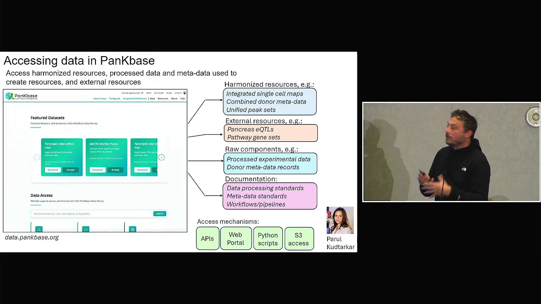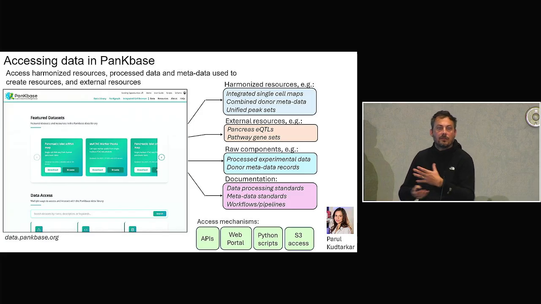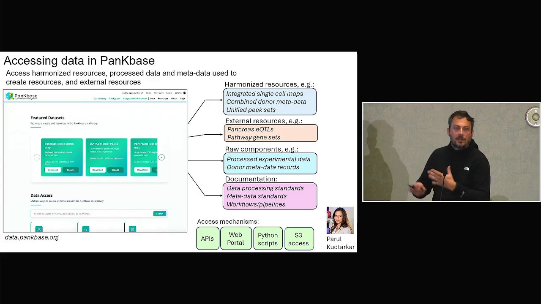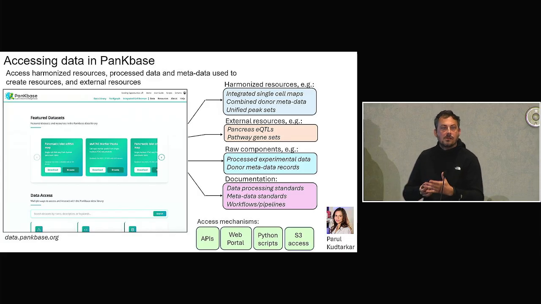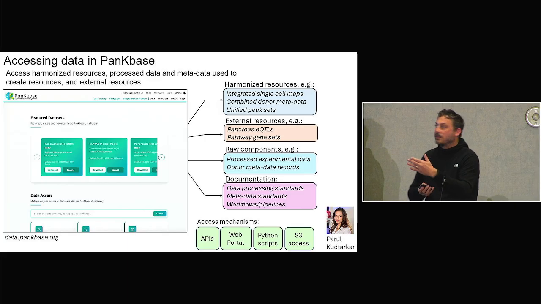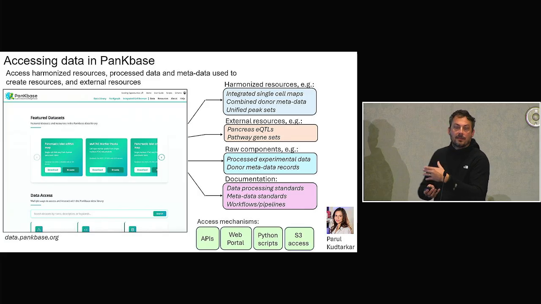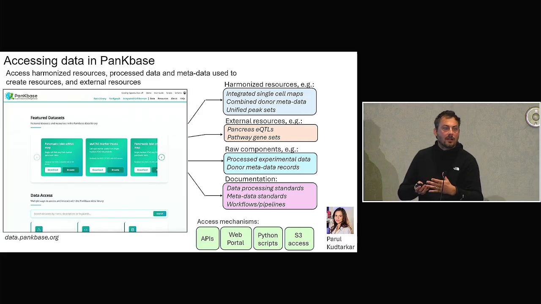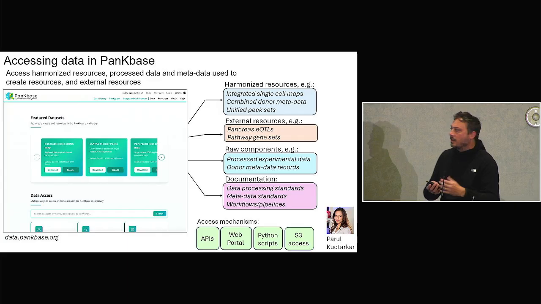And this contains both the resources themselves, so like single-cell maps, donor metadata tables, as well as external resources of high value, so data from resources like GTEx or like pathway gene sets or GWAS data that's commonly used to interface with the resources we're creating, as well as the raw components, so like the individual process files, individual metadata records collected on donors, as well as extensive documentation about the standards that were used to collect all this information, the workflows used to create it, and so forth. So all this information is available in this database.